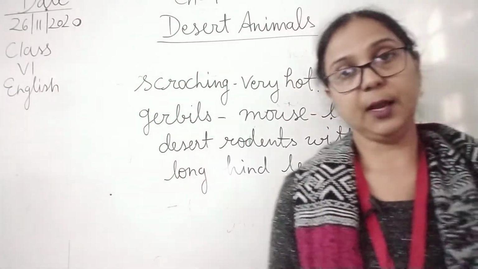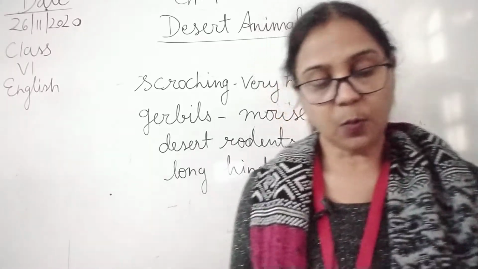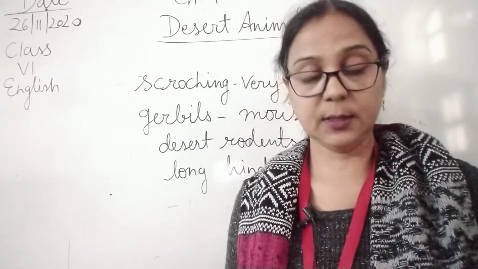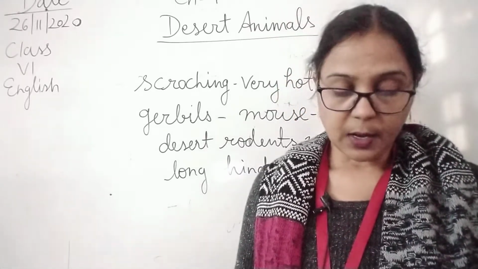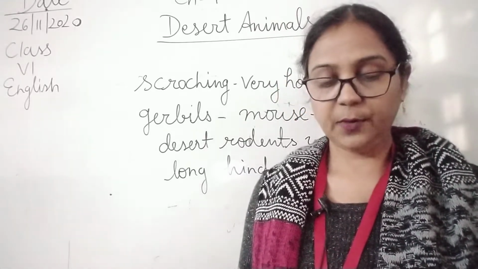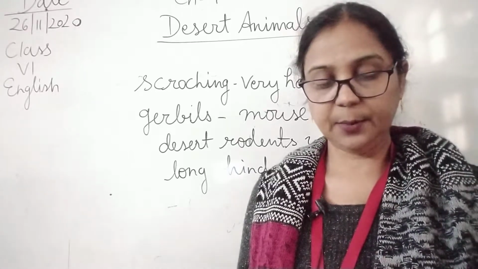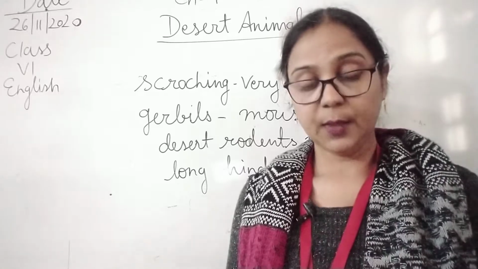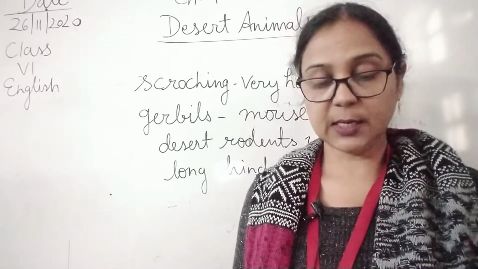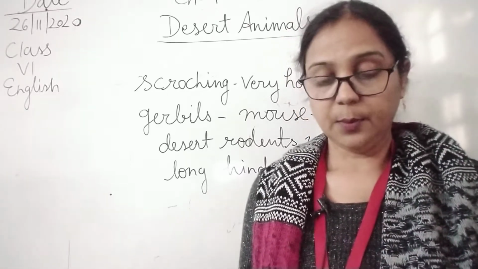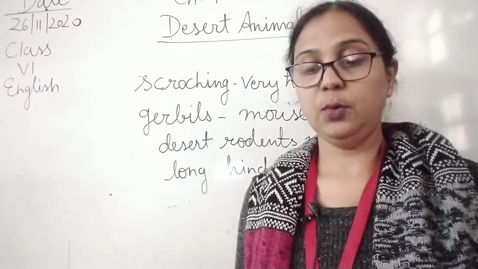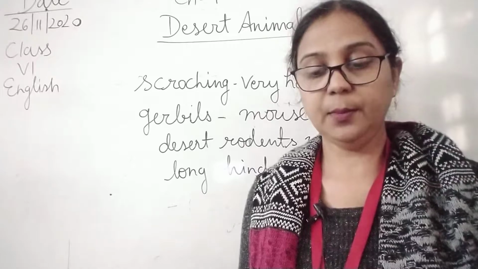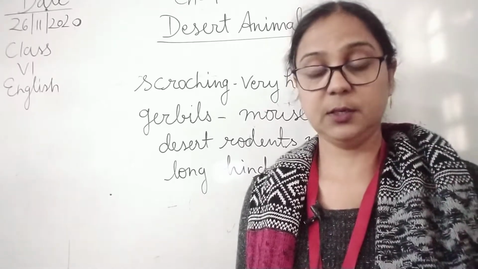The second paragraph is: there are more than 2,300 different kinds of snakes around the world, ranging from just 15 centimeters long to more than 11 meters. Most snakes are quite harmless, but there are a few that are so poisonous they can kill a human being with just one bite.